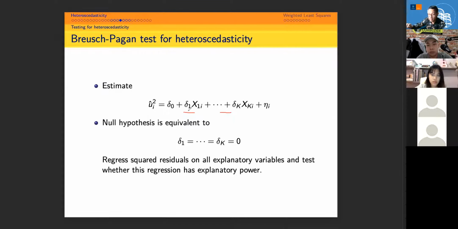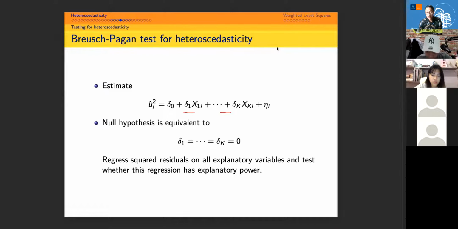If they are simultaneously equal to 0, then we cannot reject the null hypothesis, and so we're going to conclude that it's homoscedastic. However, if we reject the null hypothesis, which means that one of the delta k is not equal to 0, then we could have an issue of heteroskedasticity. So I guess that's going to be the idea.